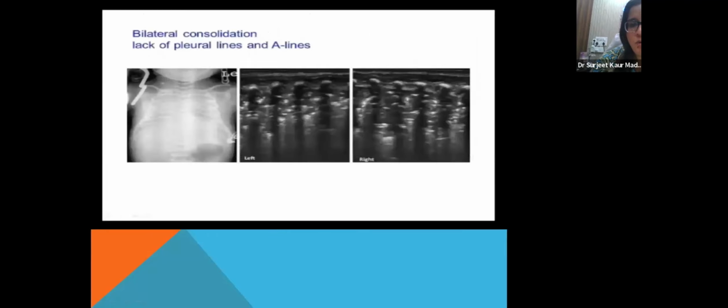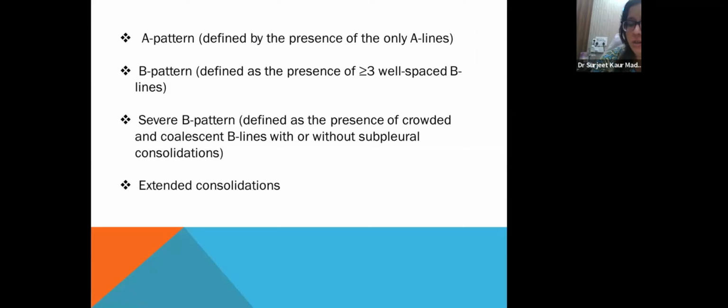If your score is more than 8, then you plan for your surfactant. But definitely you have to correlate with the clinical condition. How is the FiO2 requirement? How is the lung scoring? How is the respiratory pattern of the baby? And how much ventilation are you already giving?